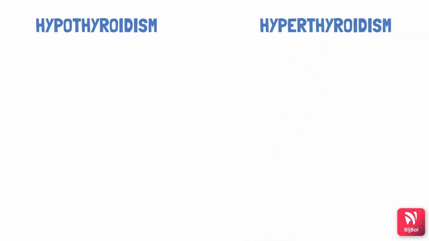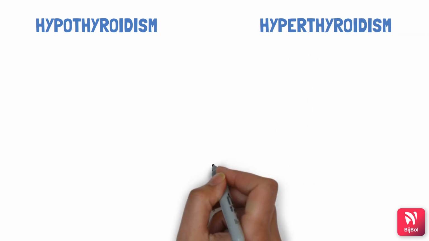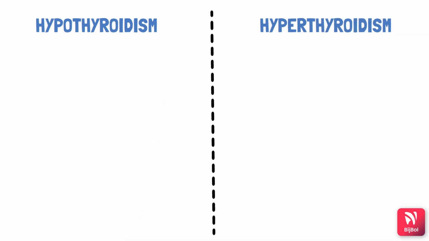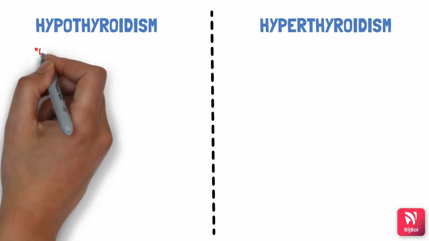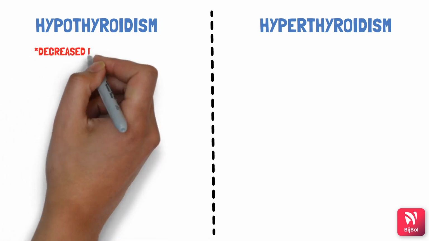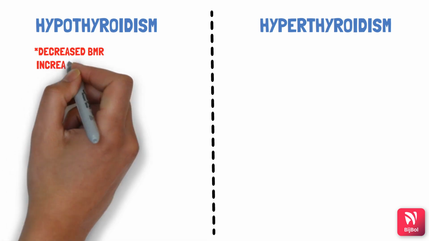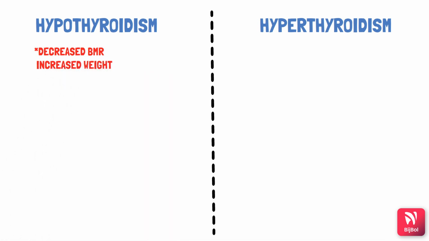Now let's go on to the differences between hypo and hyperthyroidism. In hypothyroidism, as we know, there is decreased thyroid hormone. Decreased thyroid hormone decreases the basal metabolic rate, and thus the breaking down capacity of the body decreases.